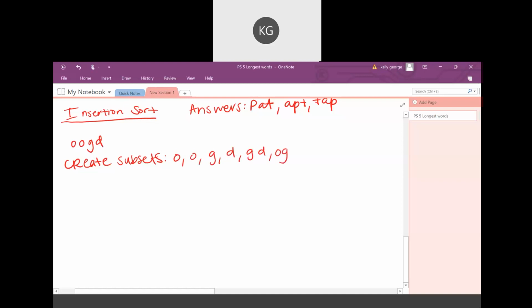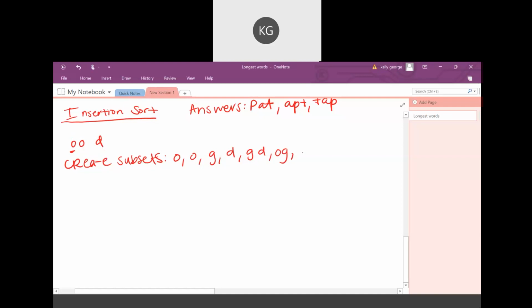I'm just assuming you guys understand. First we're just looking, this is a subset, this is a subset. Each thing is a subset, then these 2 are a subset, those 2 are a subset. And you don't need to worry about making this because he already made the code that creates all the subsets. So you just need to get all of the subsets.